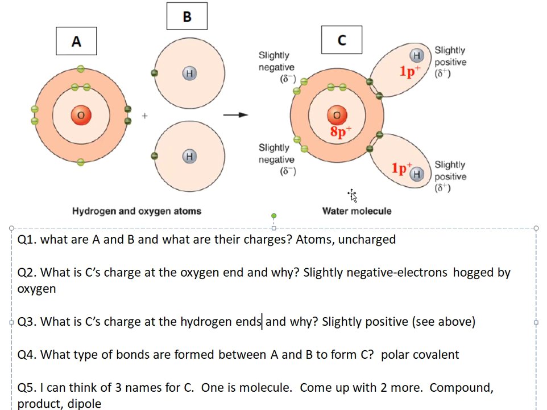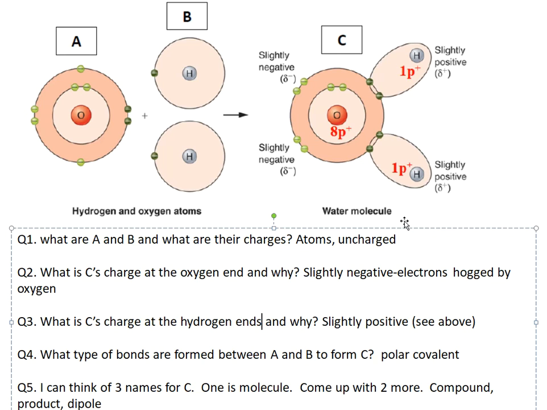Remember, a molecule is formed by two atoms, any two atoms. So it is a molecule. A molecule is a compound if more than one of the atoms is a different element. And of course, we have oxygen and we have hydrogens. So it is also a compound.